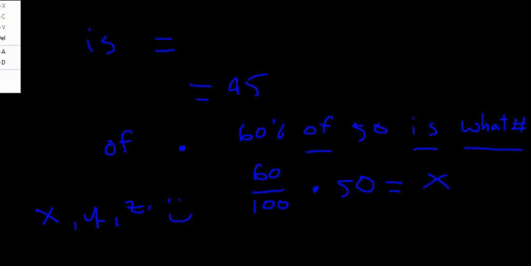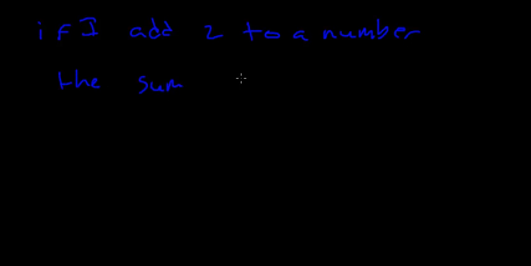All right, so let's clear out here. Let's do a simple one. If I add 2 to a number, the sum is 54. Well, if I add 2 to a number, now this a number is another key word here. A number just means a number we don't know. And what do we use for a number we don't know? Well, we use a variable.